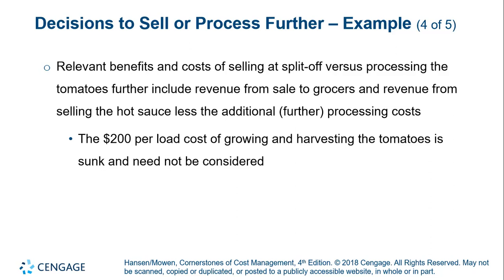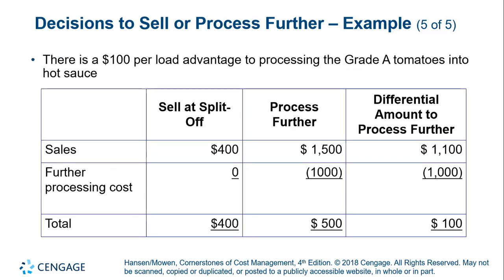Now you know what a sunk cost is. So we have now the decision to sell at split off point or to process further. If you sell at the split off point, you will have the selling price of 400. If you process further, that will be 1,500. So there is a price difference of 1,100.